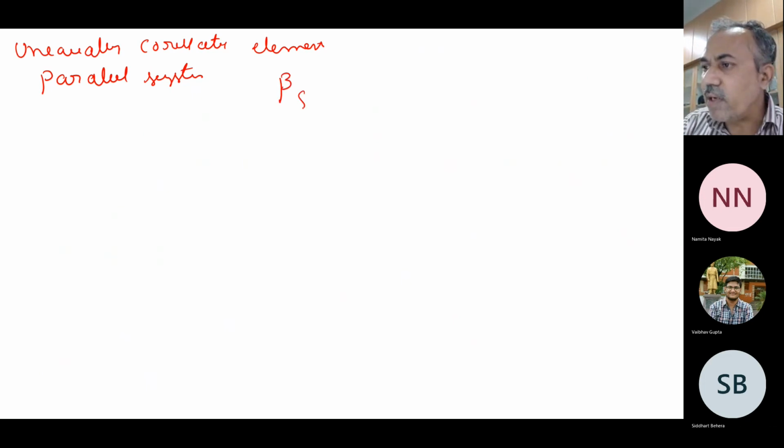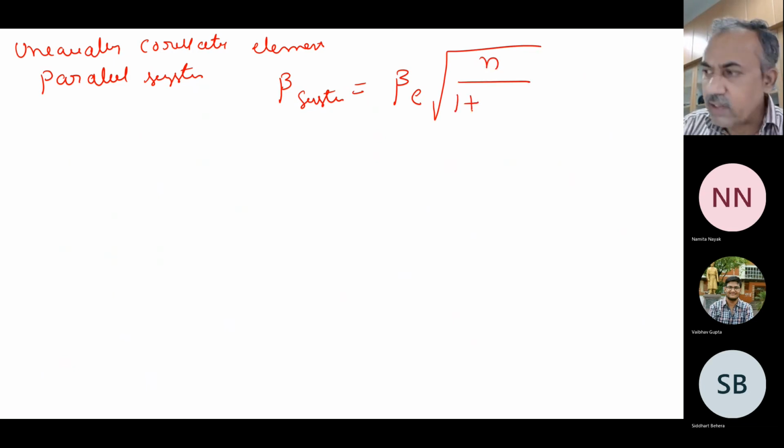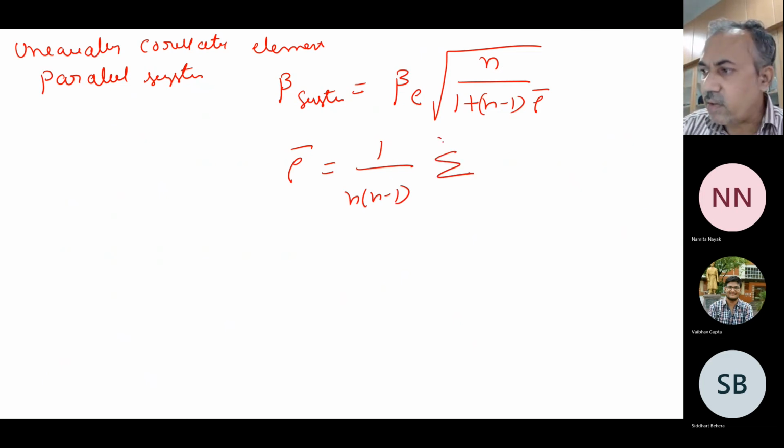So the system reliability is given by some derivations: square root of n over 1 plus (n minus 1) times rho bar, where rho bar is 1 over n(n minus 1) times the sum of rho ij for i not equal to j, because they are unequally correlated.